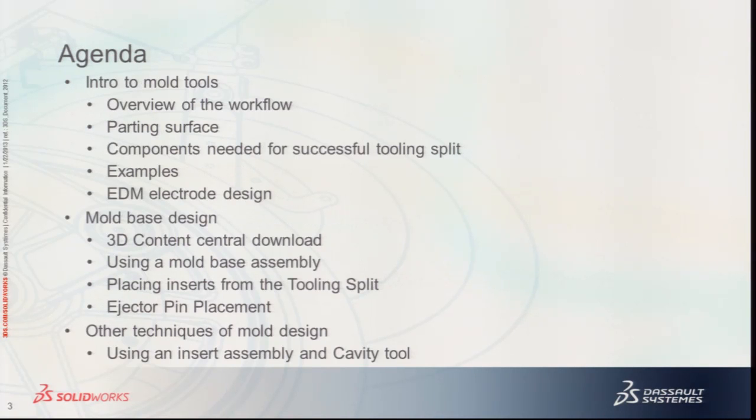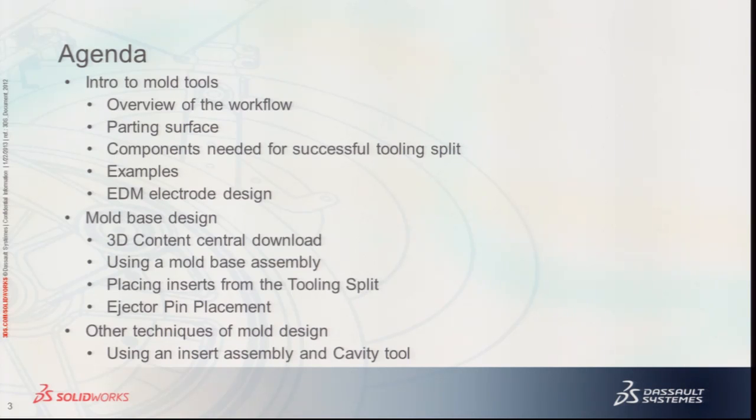Today, for the bulk of the session, we're going to talk about the mold tools themselves and go through a workflow, starting with the basic components, and then I'll give you some examples of more advanced techniques of getting shut-off surfaces and parting surfaces, and a little bit of electrode design.